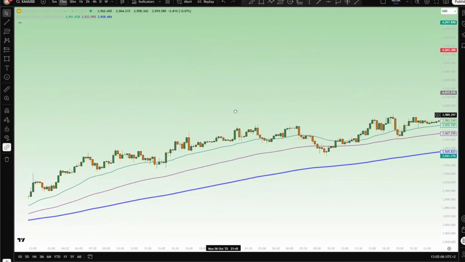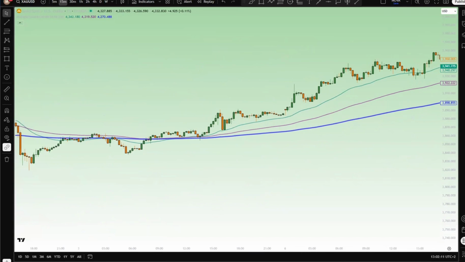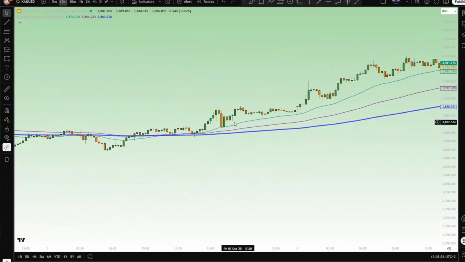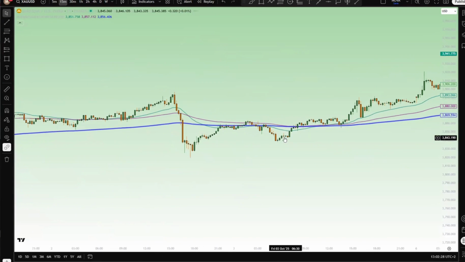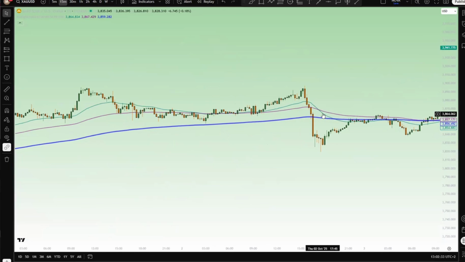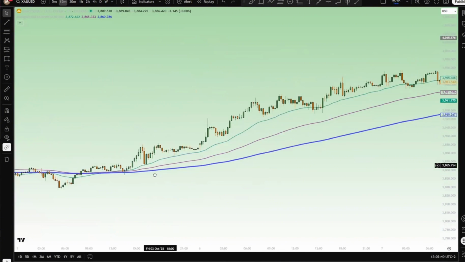And let's look for another example relating to the shooting star. You see that most of the time when the market appears at the resistance level, it's not a single candlestick pattern.